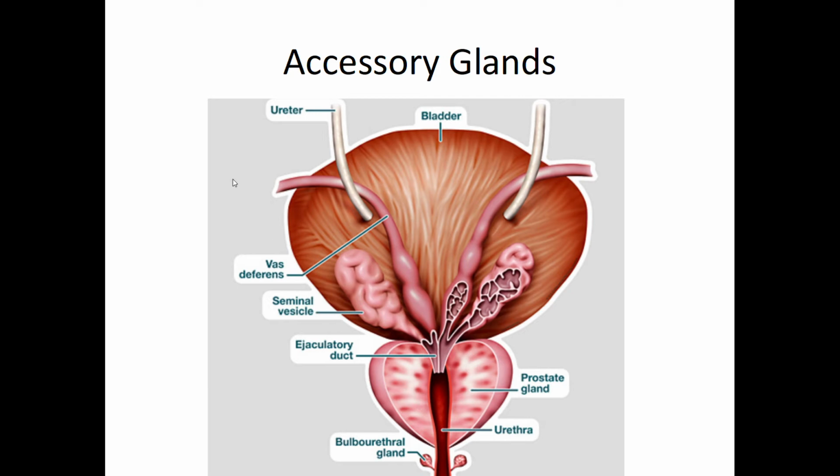So here's the vas deferens. The sperm have come from the epididymis back down up this vas deferens, and now we're getting to the area where it will join together to produce semen and be released from the body through ejaculation.